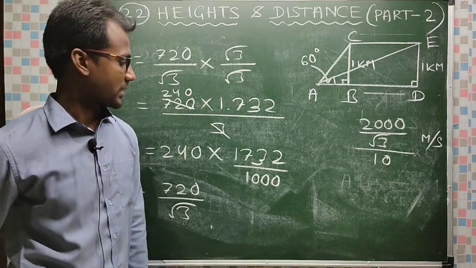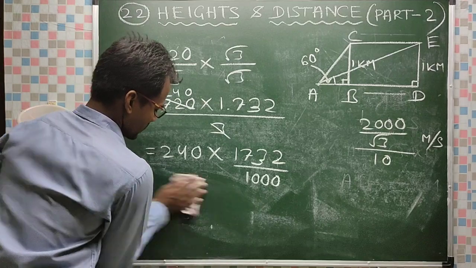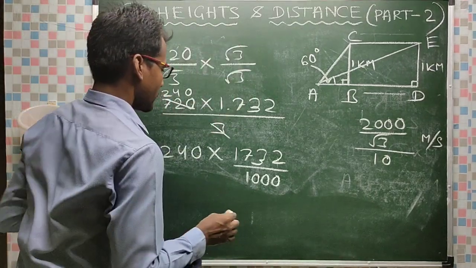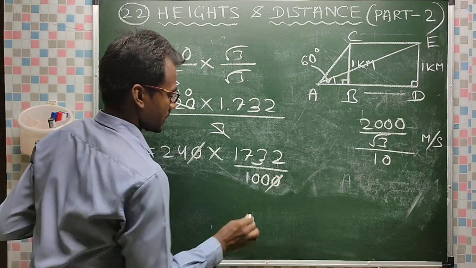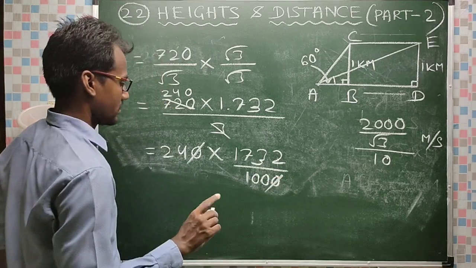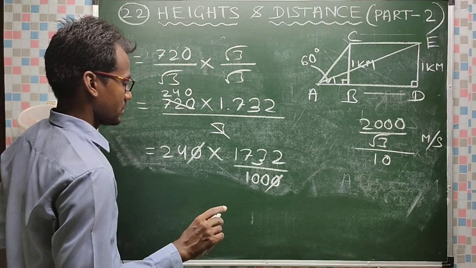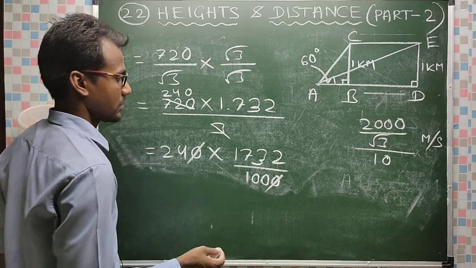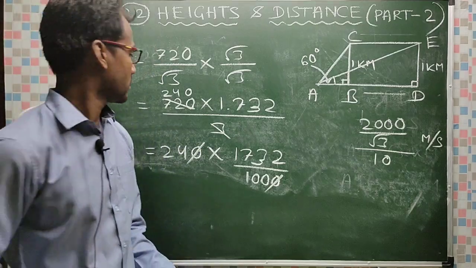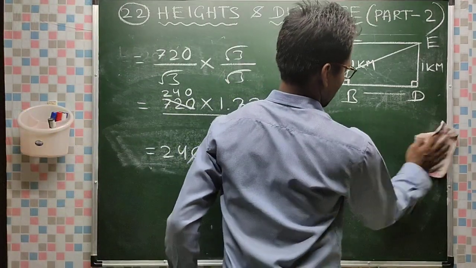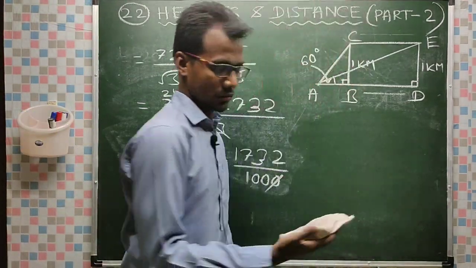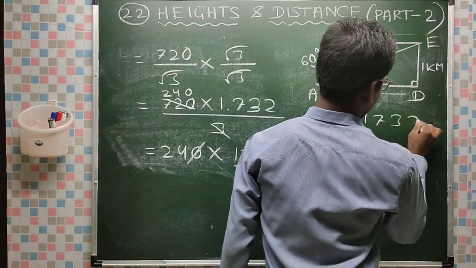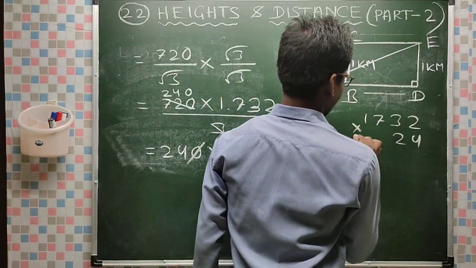Okay, 1732 by 1000. On simplifying this, cancel. Let us multiply this. Okay. 1732 into 24.